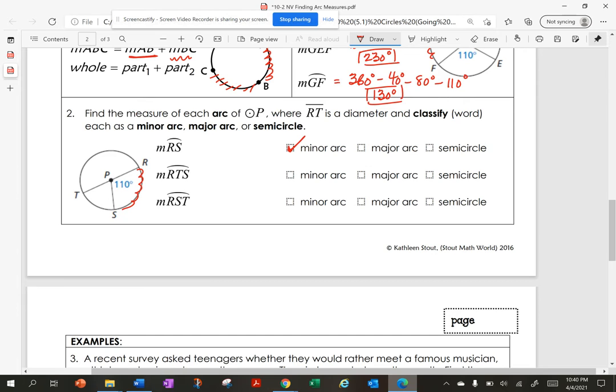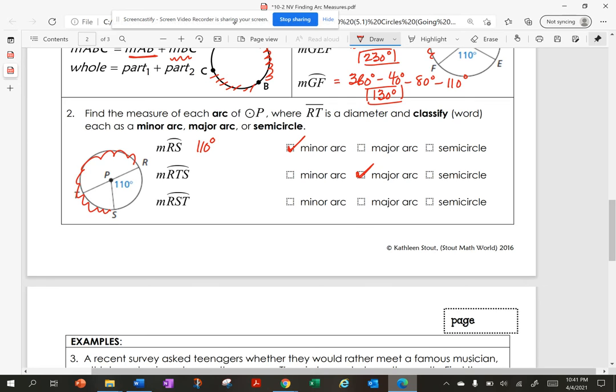All right, let's try RTS. With RTS, I have to go in the order of the letters, so I'm going this way. So I know this is a major arc. It said find the arc and classify it. So this we said is 110 degrees.